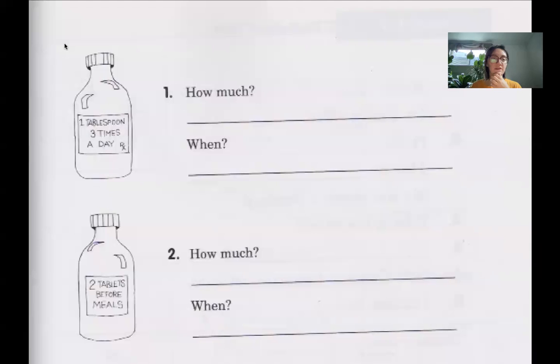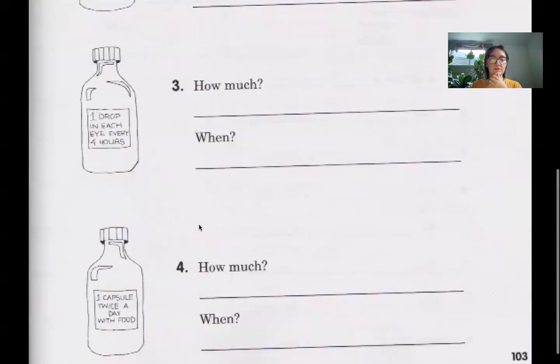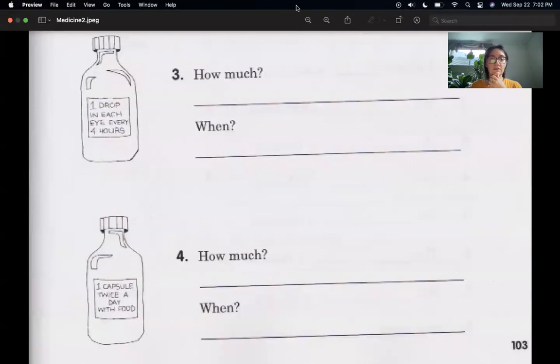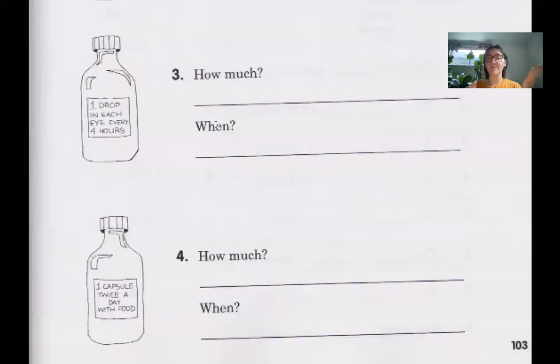Now let's keep going to the next one. Okay, next one, same thing. How much? How much medicine? So if you look, let's read together. It says 1 drop in each eye every 4 hours. So how much? Is it 1 tablet? Is it 1 tablespoon?